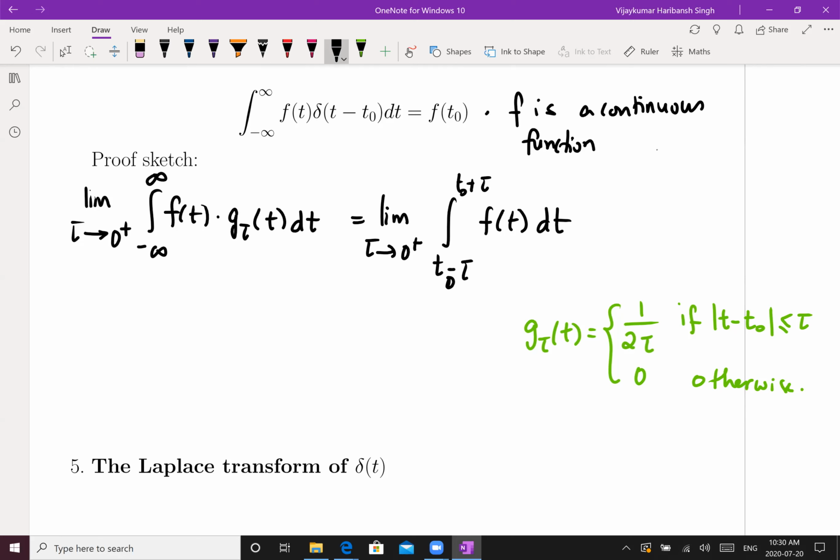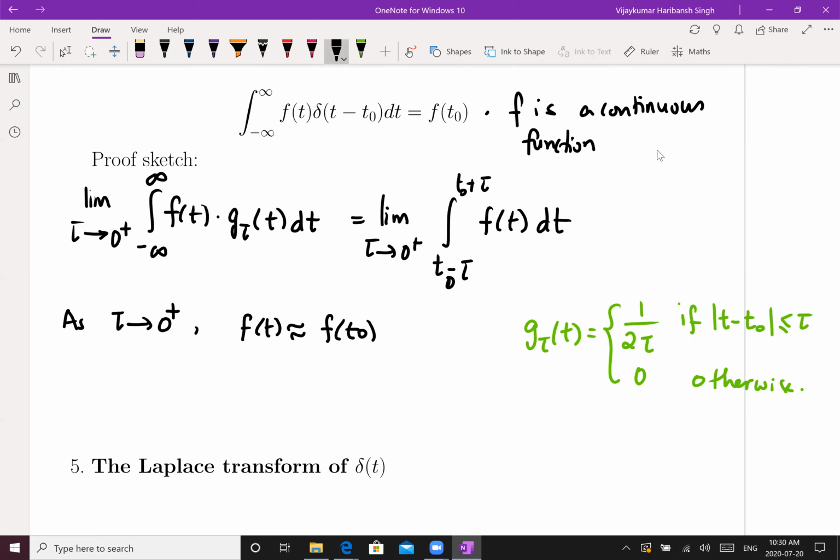So we need to simplify this now. As tau goes to 0 plus, we'll have f of t is roughly f of t naught, right? Because f is a continuous function.